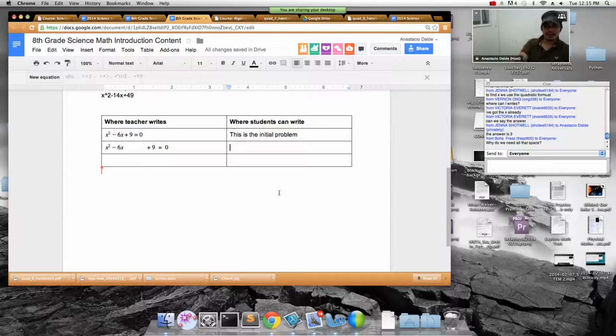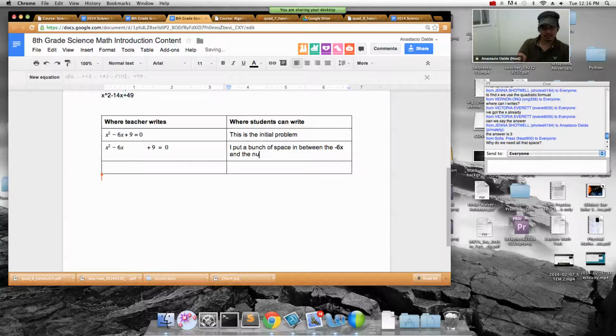Why do I need all the space? I put a bunch of space in between the negative 6x and the number 9.